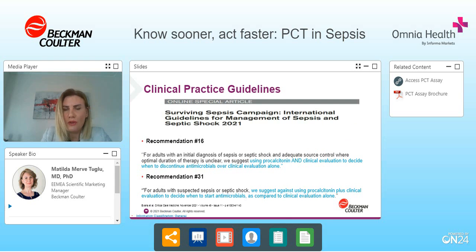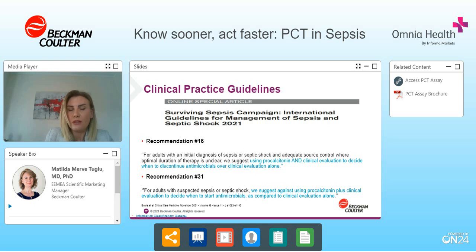This month, November 2021, Critical Care Medicine published the guideline for sepsis and septic shock. There were 2 recommendations dedicated to procalcitonin. We suggest using procalcitonin and clinical evaluation to decide when to discontinue antimicrobials over clinical evaluation alone.